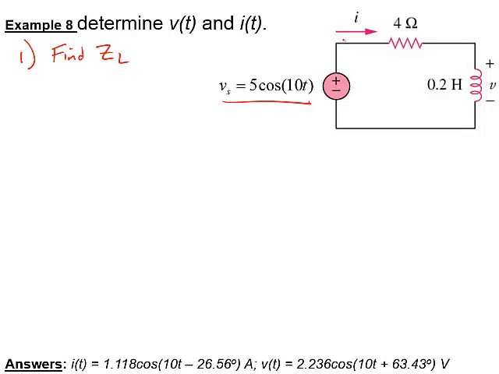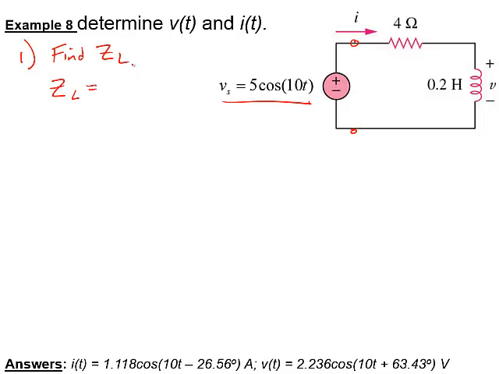So in order to find I, if we knew what Z is for this entire network, we could find I by doing phasor Vs divided by the impedance Z. Z is not really a phasor.